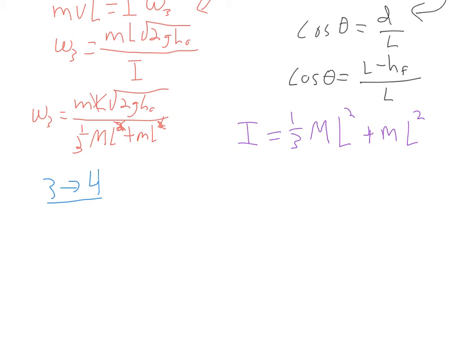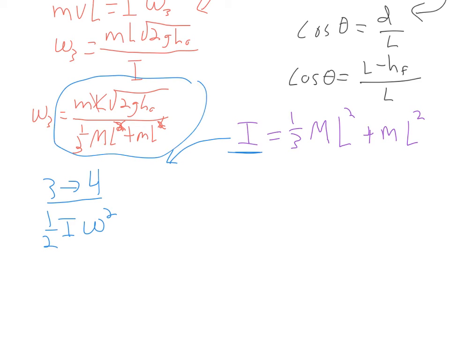So what kind of energy do we have at point 3? Well, that's when the objects are rotating together, rotational kinetic energy, so that must be 1/2 I omega squared. Oh look, we already know what I is, so we're going to be able to plug that in, and we know what omega is right here, so we can plug that in as well. And then that's going to be equal to our gravitational potential energy at the end.